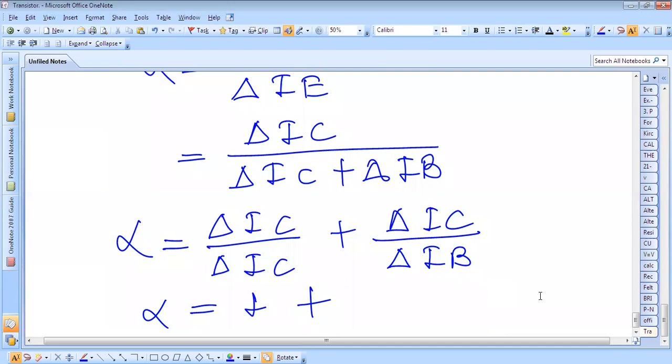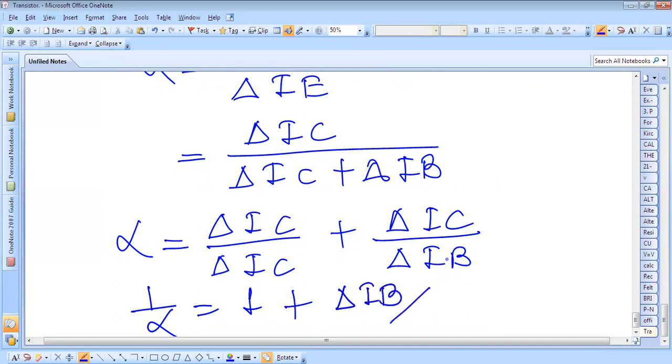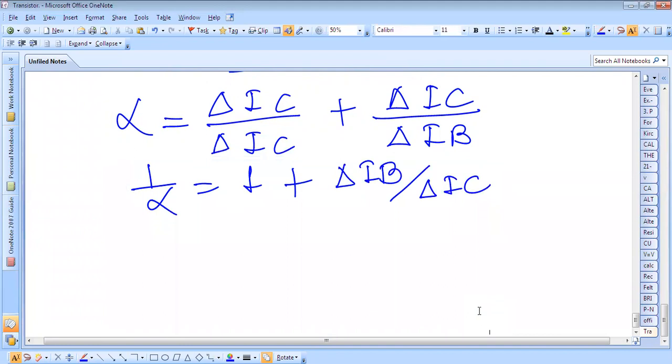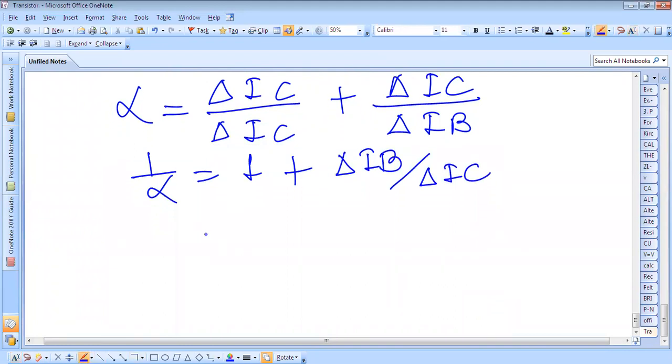So for this we can write 1 by alpha is equal to 1 plus the reverse, change in base current to change in collector current. So we can further write 1 plus change in base current to the change in collector current.